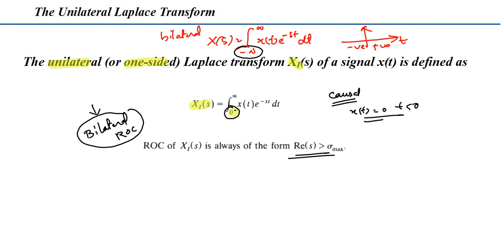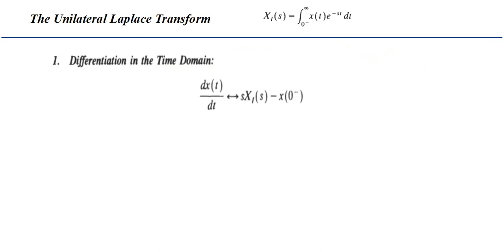So now we will discuss the properties of the unilateral Laplace transform. All the properties of the bilateral and unilateral Laplace transform are almost equal, but the integration property and differentiation property are different in the case of the unilateral Laplace transform. So we will discuss these properties in this lecture.